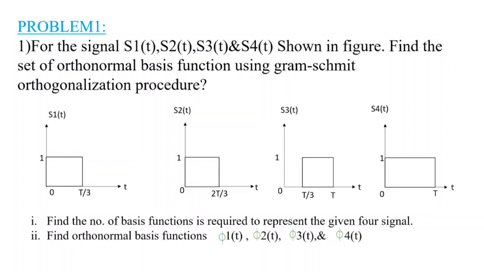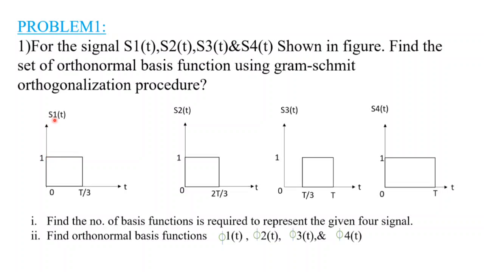Here, the problem is: for the signals S1 of t, S2 of t, S3 of t, and S4 of t shown in the figure, find the set of orthonormal basis functions using Gram Schmidt orthogonalization procedure. So here, they have given four signals.